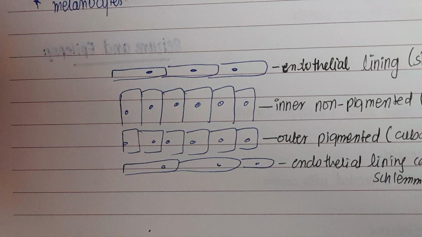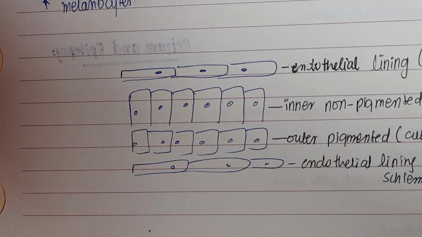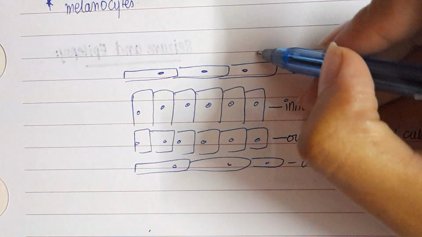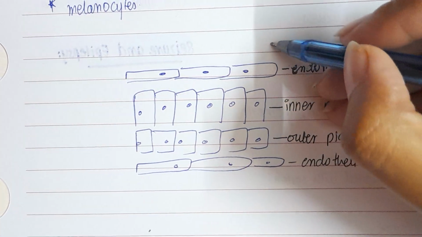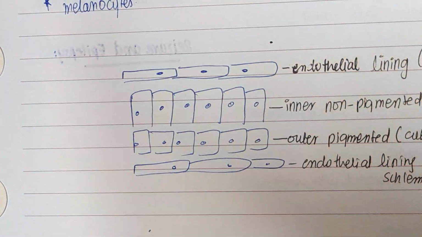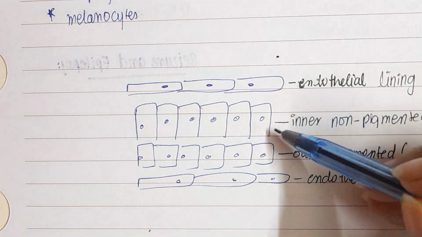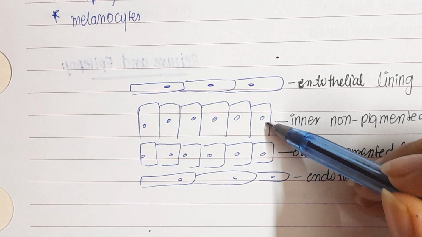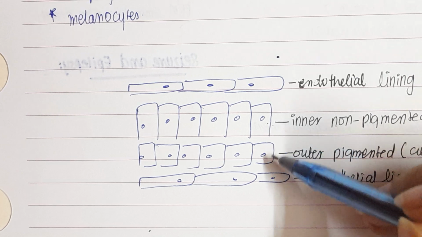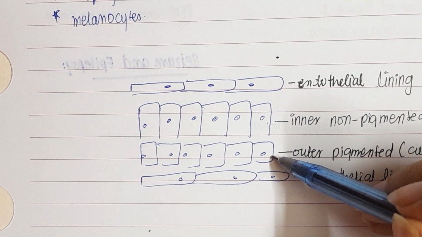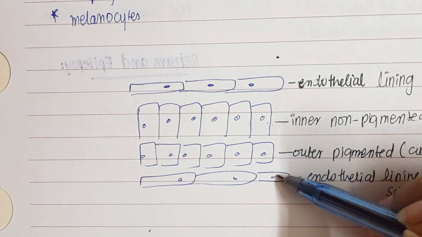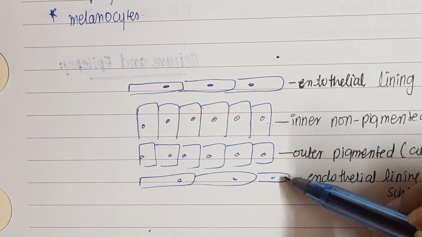Now to understand the blood aqueous barrier, we have this diagram, and it is very important. First of all, we have the stroma, and from the stroma we come to the inner non-pigmented layer, then to the outer pigmented layer, and then we have the layer of the canal of Schlemm.